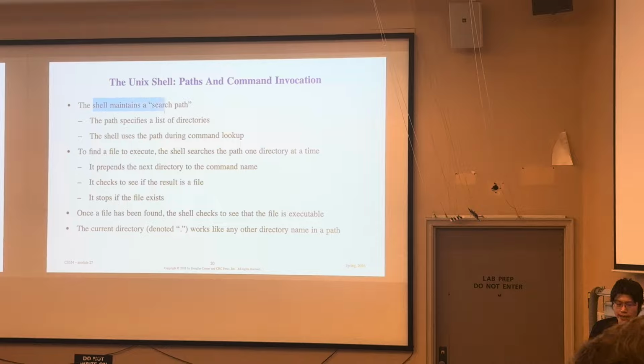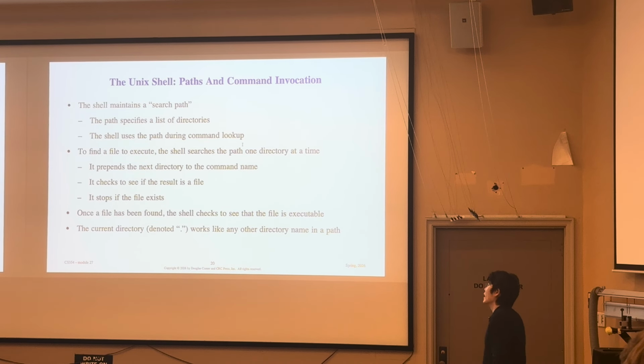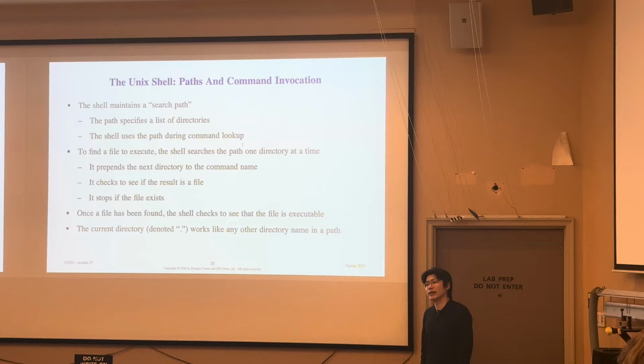The shell maintains a search path. The path specifies a list of directories. The shell uses the path during command lookup. I think this is one important thing that I want to point out. Sometimes in your shell script configuration setup, you want to change the path environment variable to add some path.